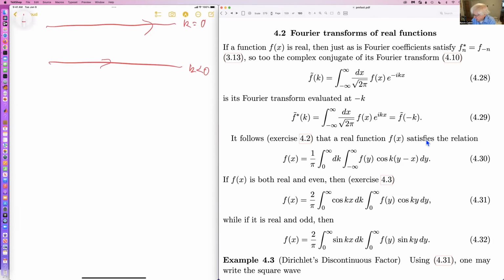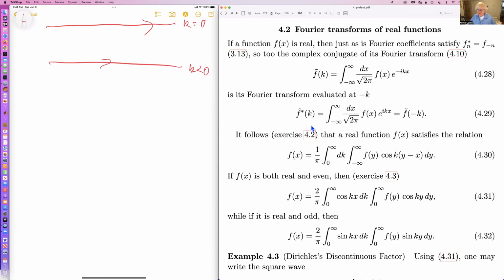And so the rule is that f tilde star of k is f tilde of minus k, or equivalently f tilde of minus k is f tilde of k star.